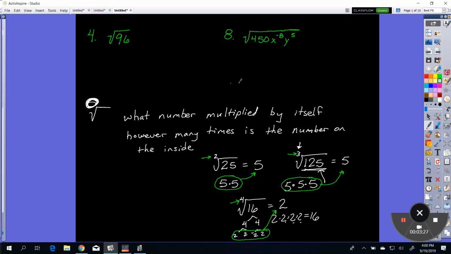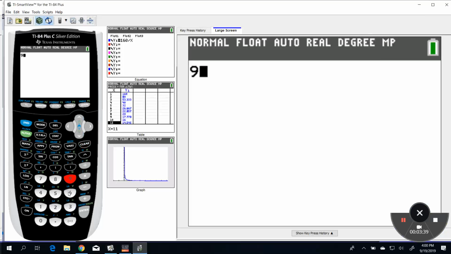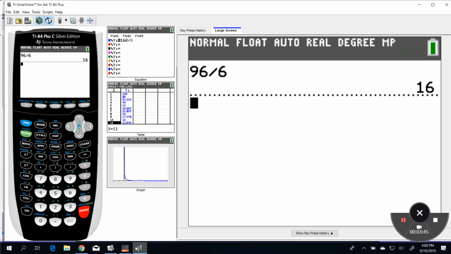So on question number 4, you're asked to figure out what times itself twice is 96. Well, there's nothing exactly that multiplies by itself to give 96, so we start breaking it down. We go to our calculator and go 96 divided by 6 is 16.